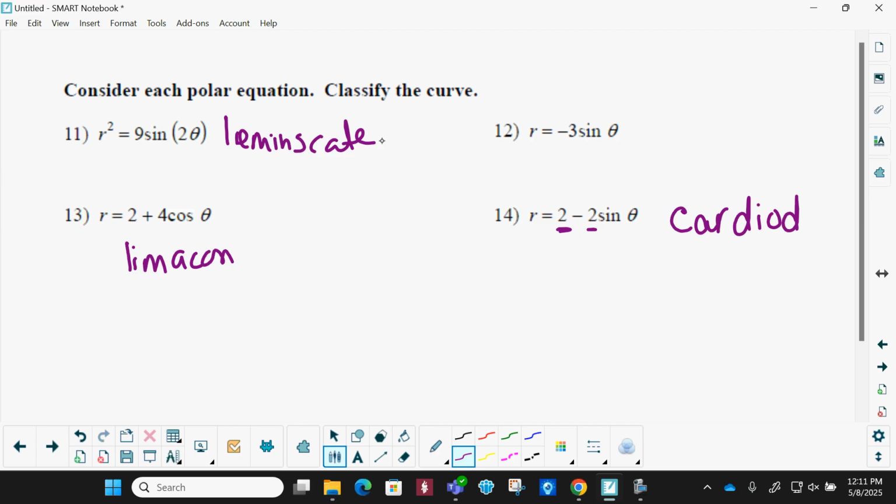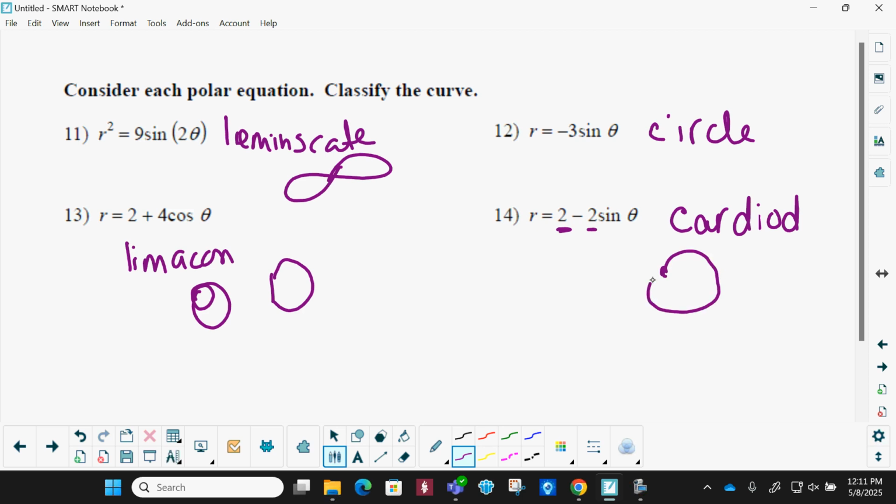And I believe this one's going to be a circle. Again, you can put this all into Desmos and look at the graphs. Lemniscate's going to be the infinity sign. Cardioid is going to have a definite indent, and a circle is a circle.